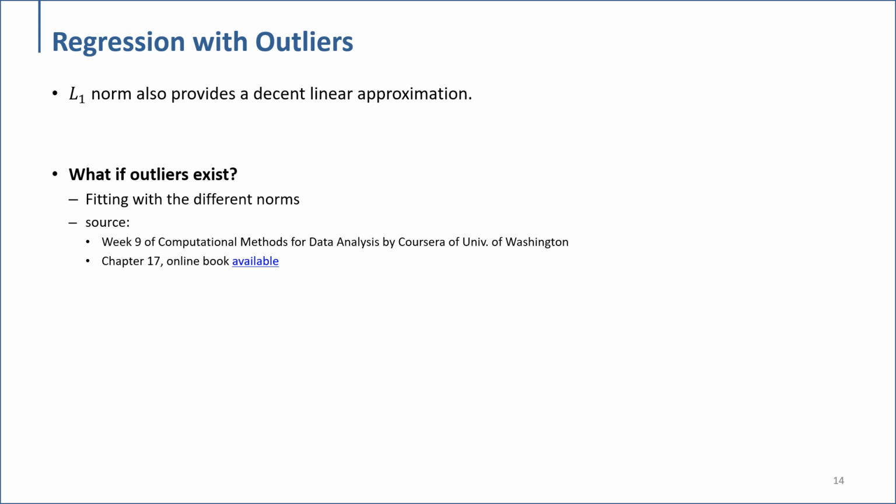Their fitted models could be different in the case where outliers exist. The outlier here means something that's situated away or detached from the main body of the system.